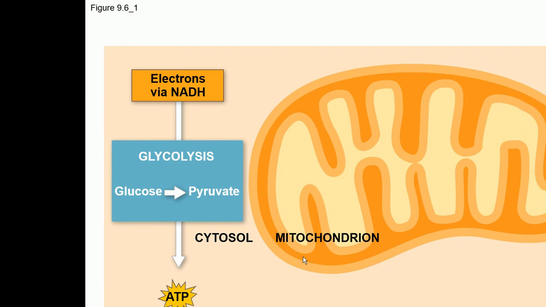We have already talked about the structure of mitochondria. At the end of the electron transport chain, there is oxygen, and this oxygen acts as the final electron acceptor.